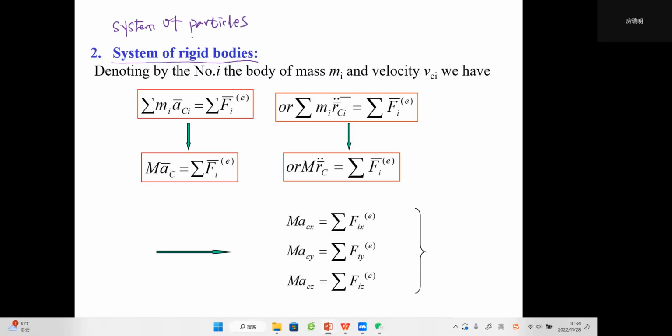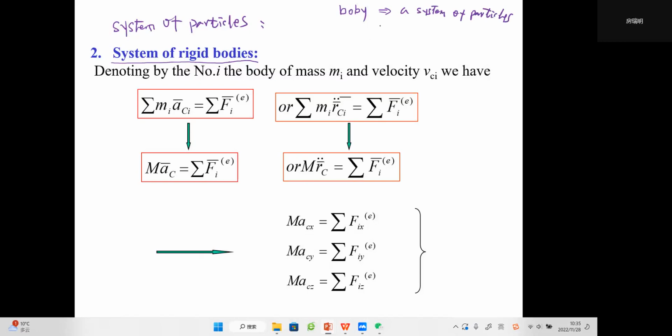I think I have repeated this answer many times: every body can be treated as a special case of a system of particles, right? I mean, each body can be treated as a system of particles.